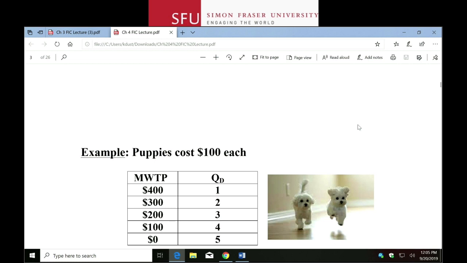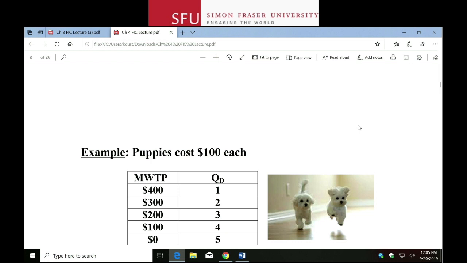Your willingness to pay per puppy will change as the number of puppies increases. Everybody who wants a puppy would be willing to pay the most for the first one. But once you already have one puppy, that's providing you with some puppy satisfaction, so for the second puppy you're not willing to pay as much. And after you have two puppies, you're definitely more full of puppy satisfaction.